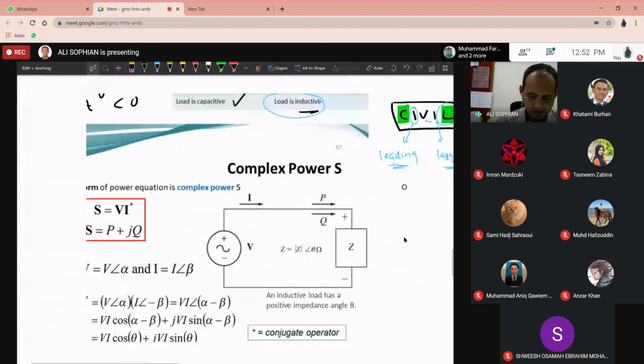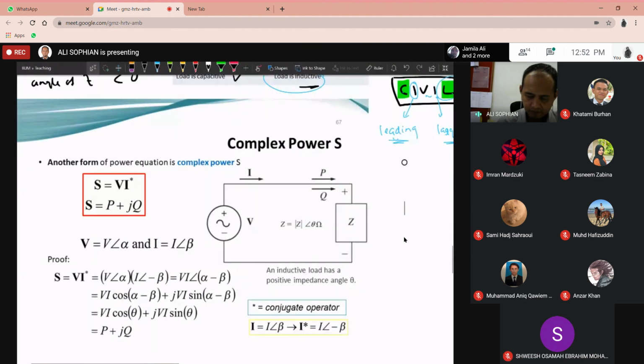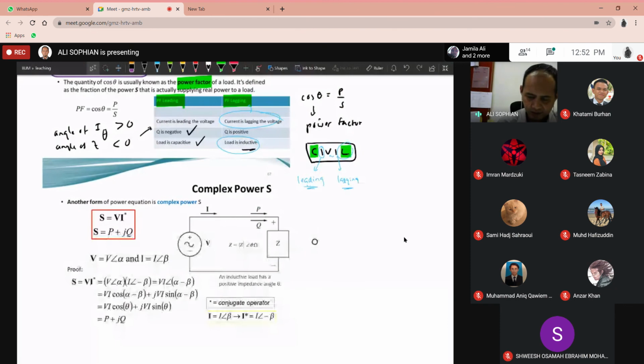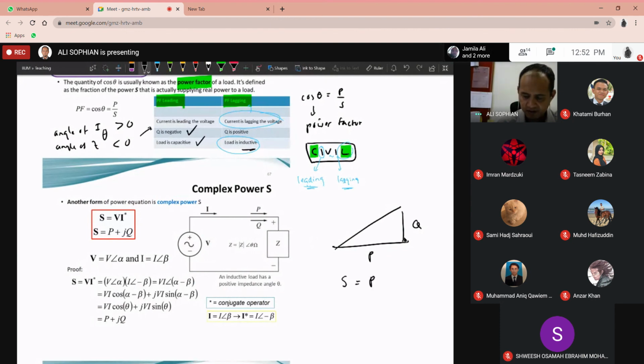And then finally, just one more thing, one more slide. The S, remember, is the total of P and Q, but P and Q have got different angles. So S is equal to P plus jQ, if we assume this to be Argand coordinates: the Q is on the imaginary axis, P is on the real axis.